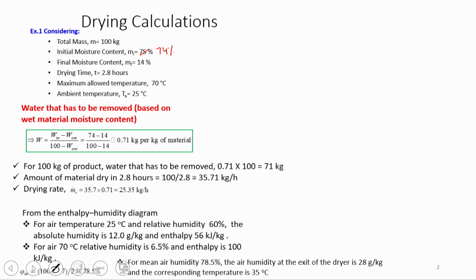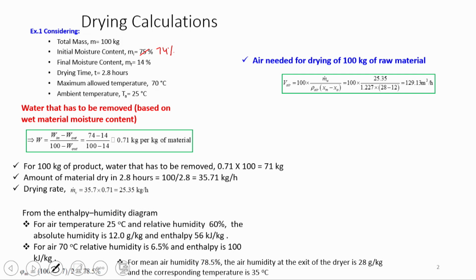And from that chart we can find out the corresponding temperature is 35. So, there is a chart, and we can use that chart with this condition to find out the temperature at the exit of the dryer. Okay.